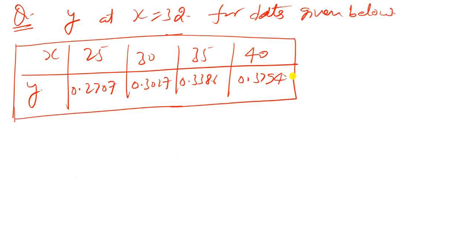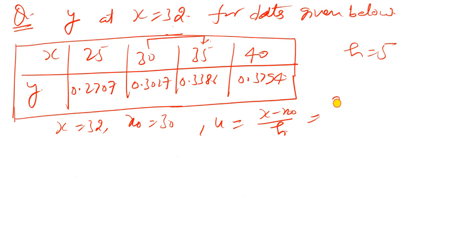First of all, when we compute the value of y at x is equal to 32, 32 lies between 30 and 35, so x is equal to 32 and x naught is equal to 30. The value of u is equal to x minus x naught upon h, and here the interval difference h is equal to 5. So 32 minus 30 upon 5 is 0.4. 0.4 lies between 0 and 1, so the Gauss forward interpolation formula is applicable.